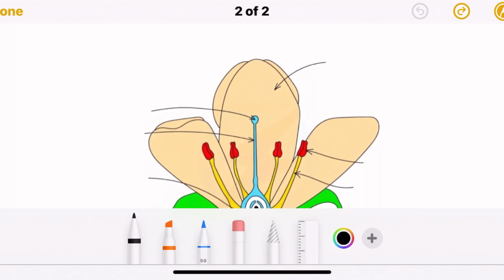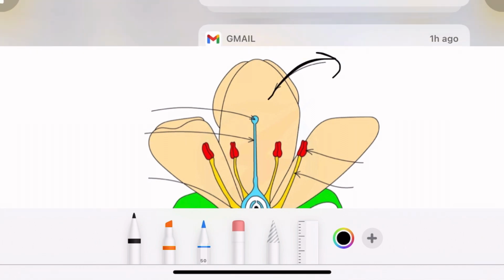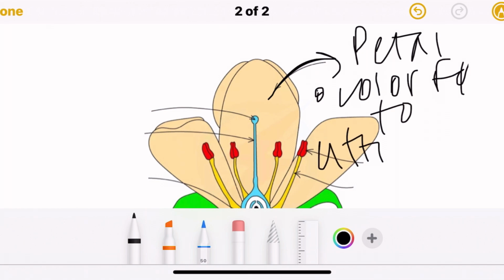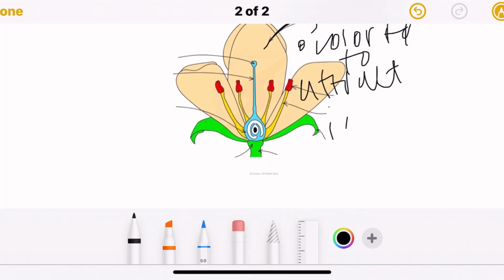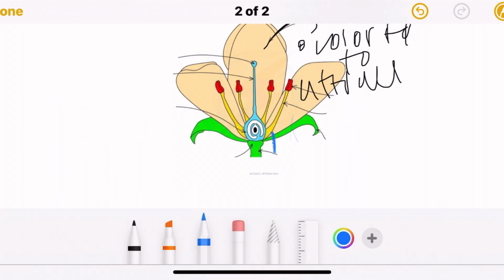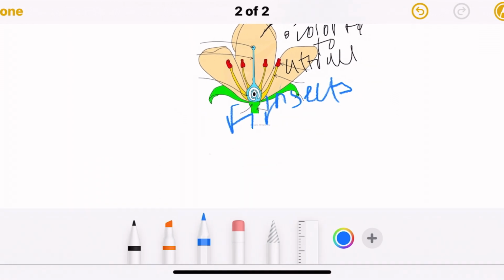I'm telling the answer: this is known as the petal. It was very easy. We all know what a petal is. What is its function? It's colorful, to attract insects for pollination.